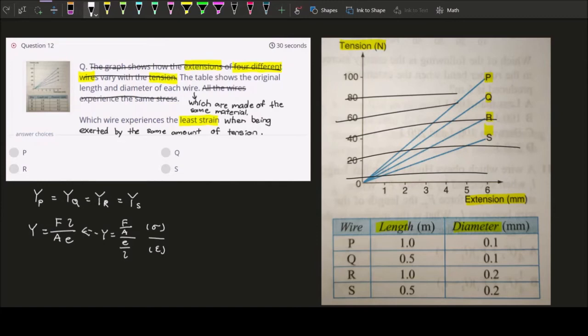Now they ask which one will experience the least strain. So which one will have the smallest e over L?